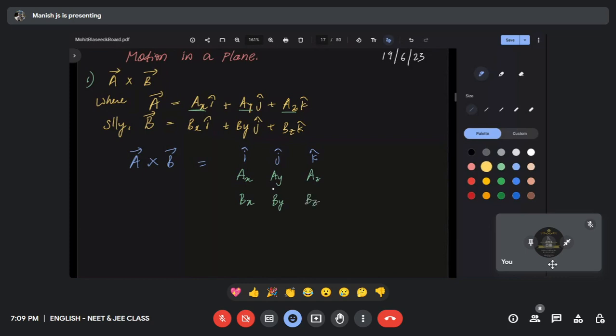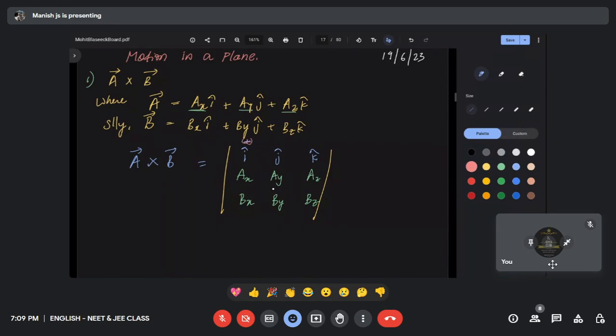So once I have specified this, now we are going to apply the determinant rule, which comes in mathematics, determinants. By using sign convention, very important. The sign convention is also necessary for us here.